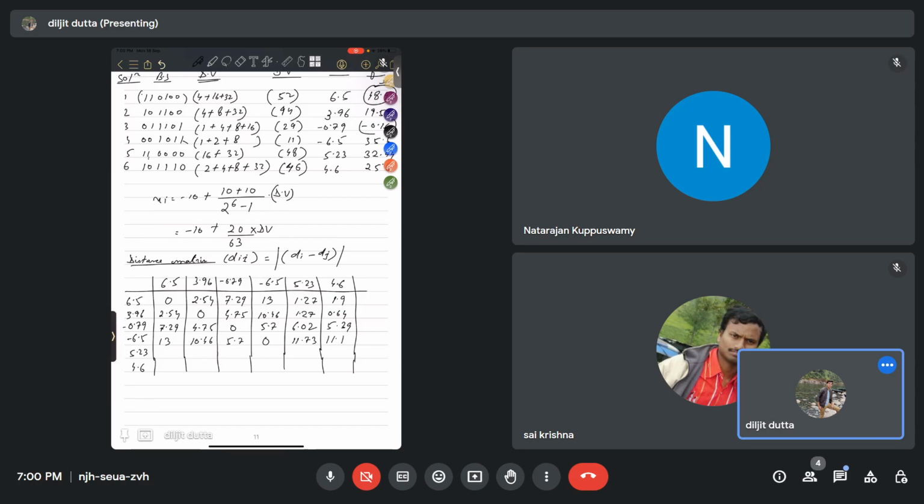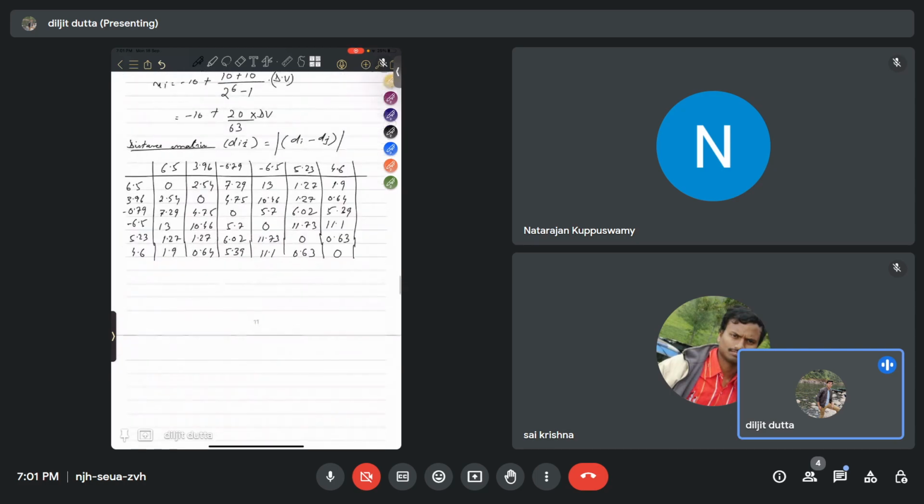For 5.23, again 1.27, 1.27, 6.02, 11.73, 0, and 0.63. And lastly 1.9, 0.64, 5.39, 11.1, 0.63, and 0. Okay, this is the distance matrix that we got.